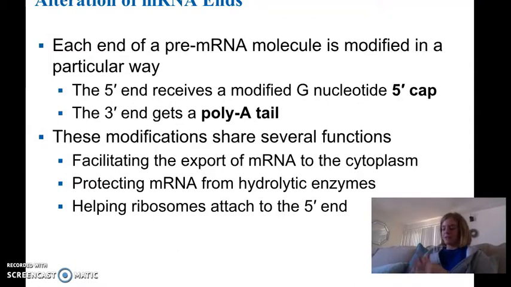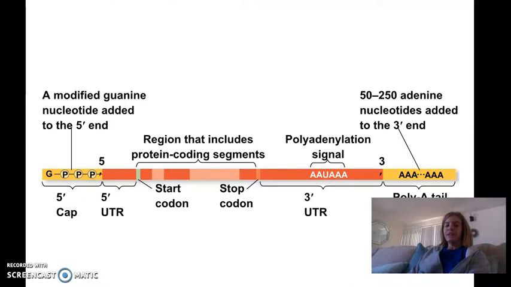And then finally, once translation is occurring in the cytoplasm, these two modifications help the ribosomes attach to the 5' end of mRNA, and that's going to be crucial for translation. And these two modifications do these three things to help out your mRNA in eukaryotic cells.